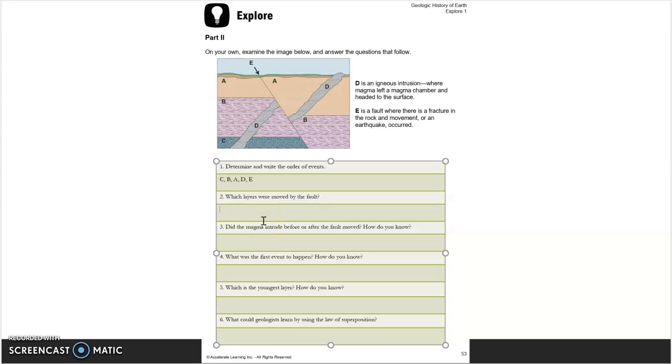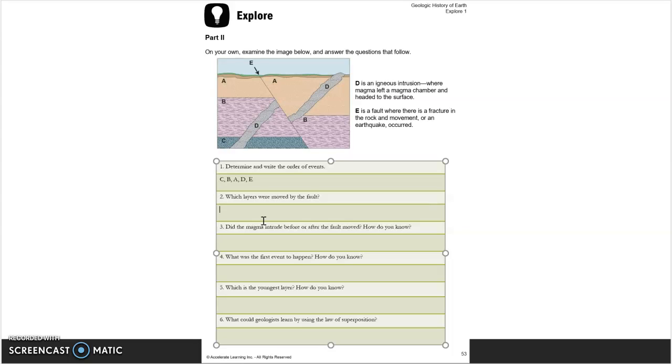So the layers that were moved by the fault, if you think back to our solving a mystery, you can't put tracks in a place under tracks that already existed. So everything had happened before E. So the layers that were moved, C, B, A, and then the intrusion of D. Okay.